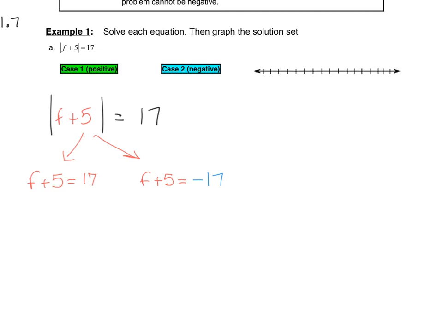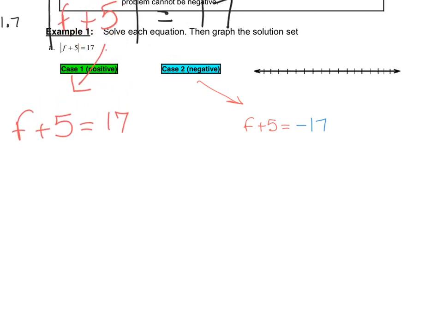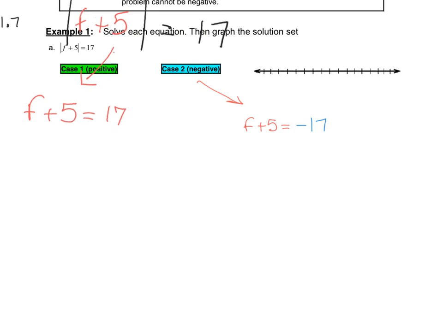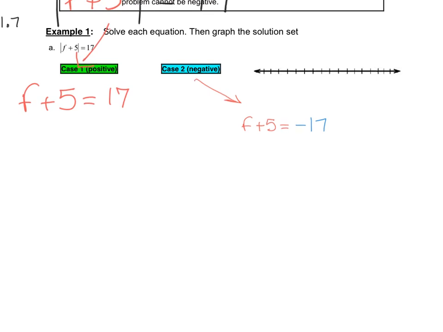So these are the two cases that you can have when you are beginning to solve. Case number 1 is saying the absolute value of the equation could give you a positive number, and case number 2 is saying that it could give you a negative.